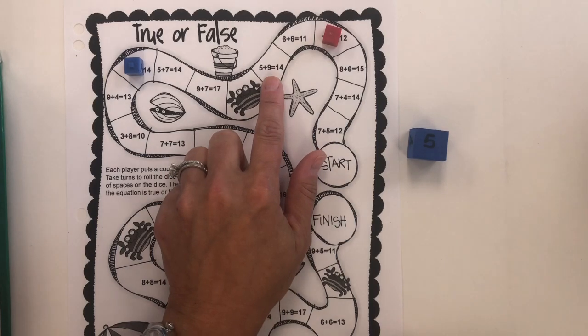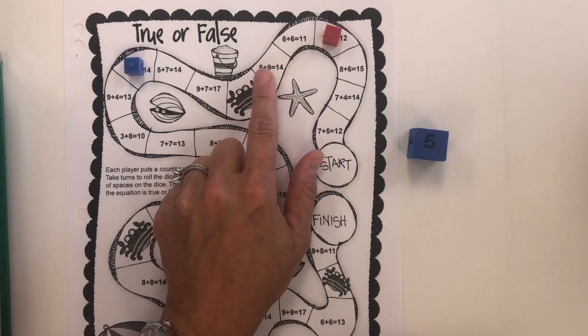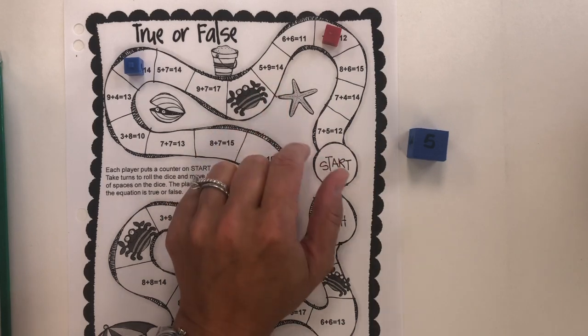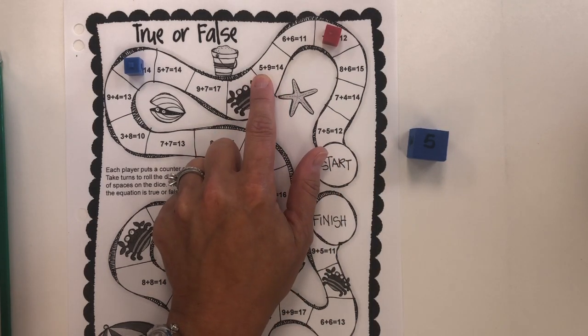I'd like to check this one. 5 plus 9 is 14. I think that that's true, but I want to check. One thing I like to do when I'm solving equations, I like to pretend that the larger number is in the first place because it's easier to add on to a larger number.